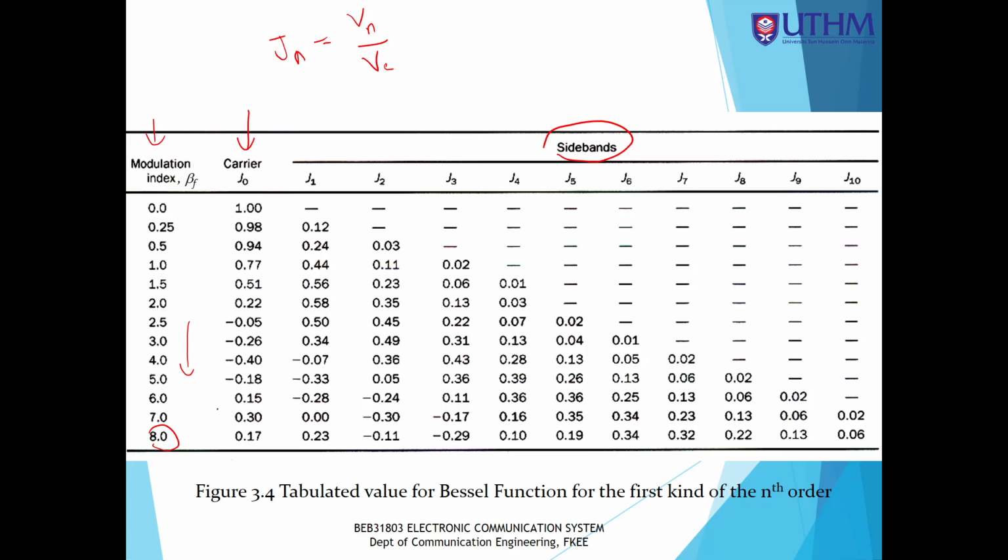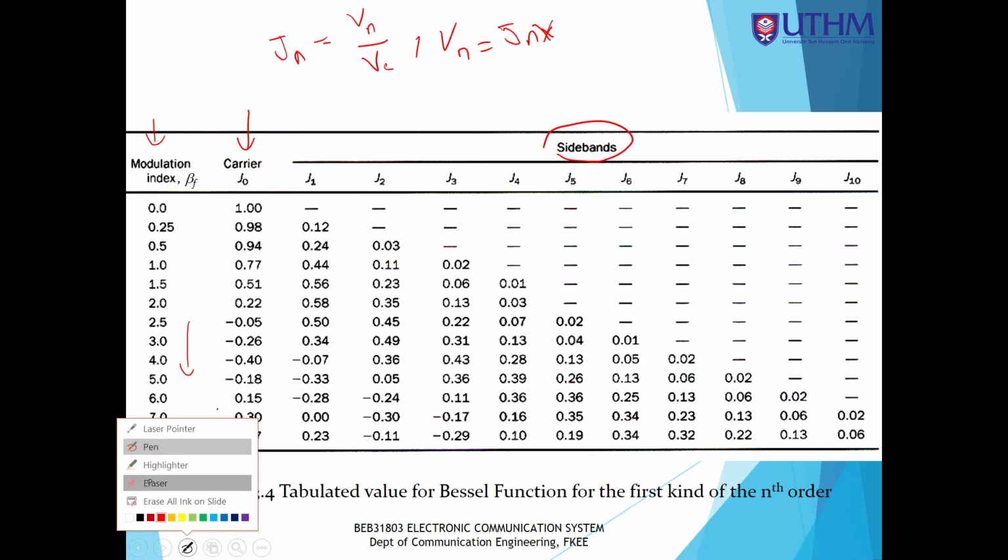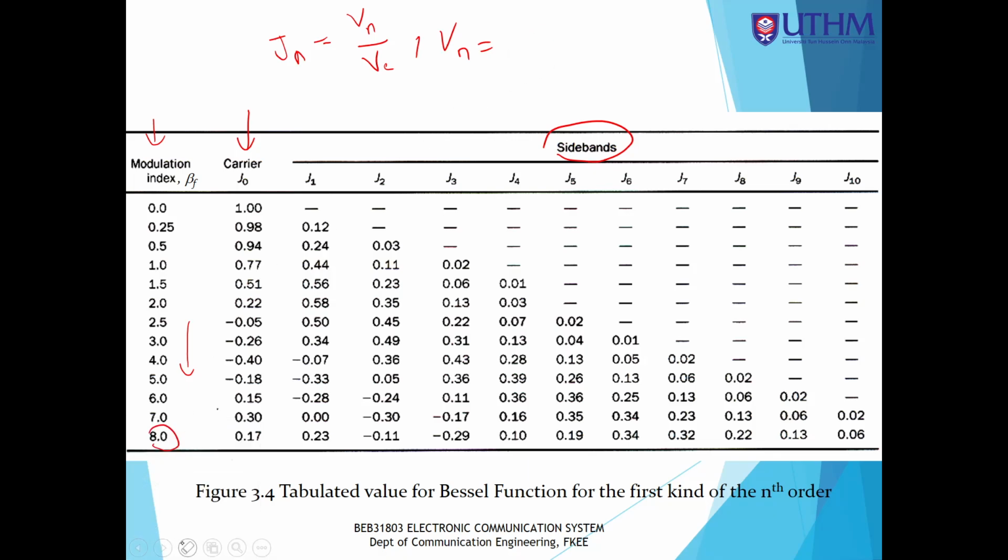So it is a unitless parameter. And if you want to find the real amplitude Vn, it is Jn multiplied with Vc.